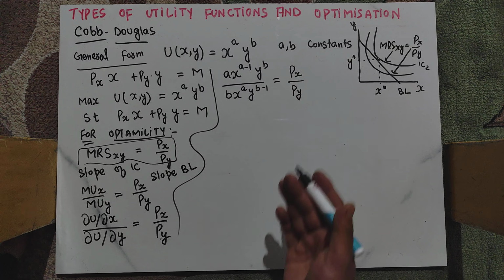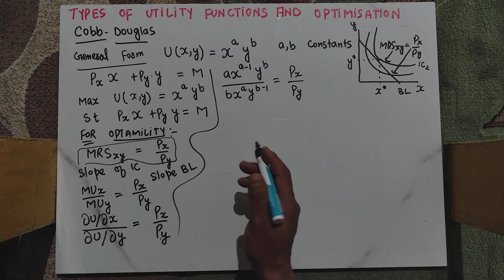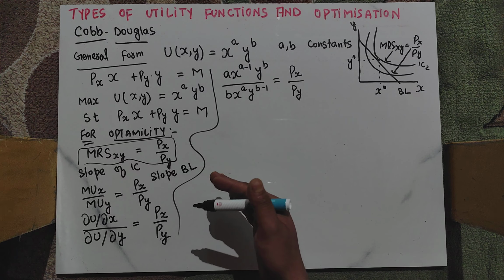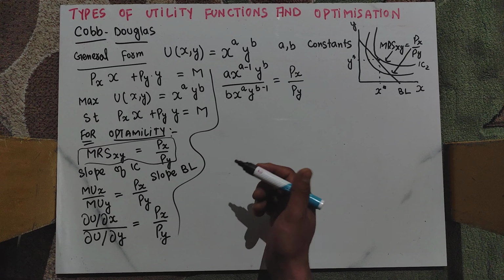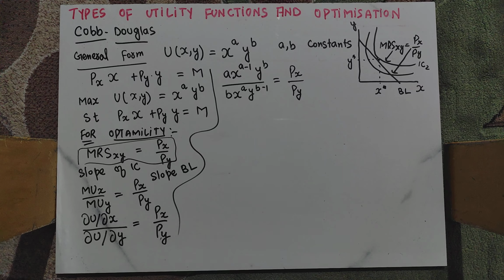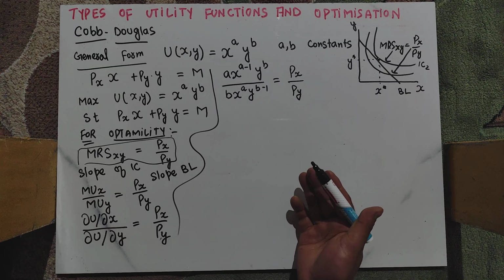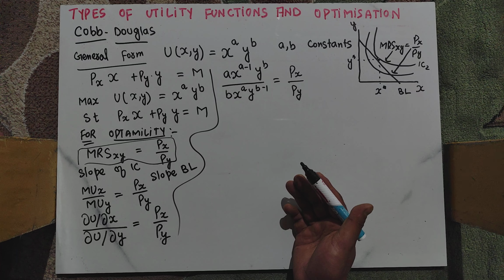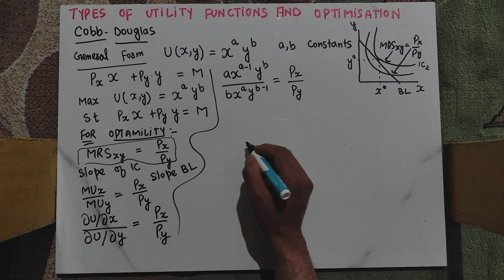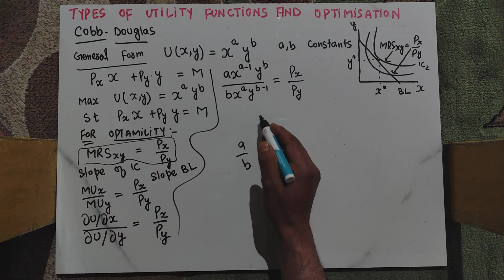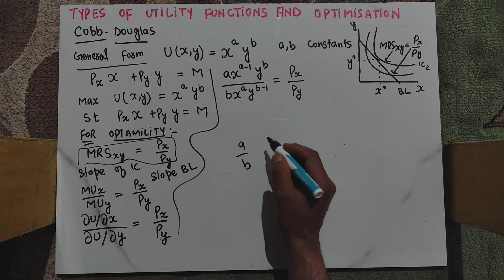We will also solve a specific problem here. Okay, so let me try to take the general form here. Doing some simple algebra, we can write it like this. So we have a upon b. Okay, so transpose this y to the numerator.